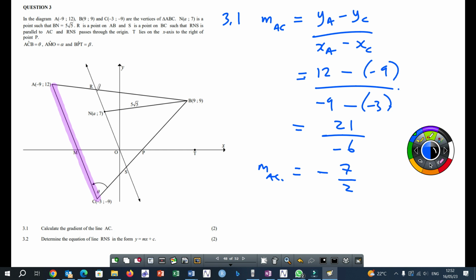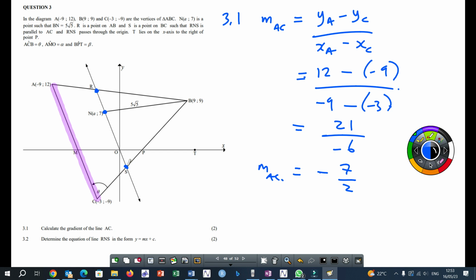Then determine the equation of the line RNS. So we have got R, N, S. Okay? Now, according to the question, is there any information which tells us that maybe AC is parallel to RNS? Yes. Okay?